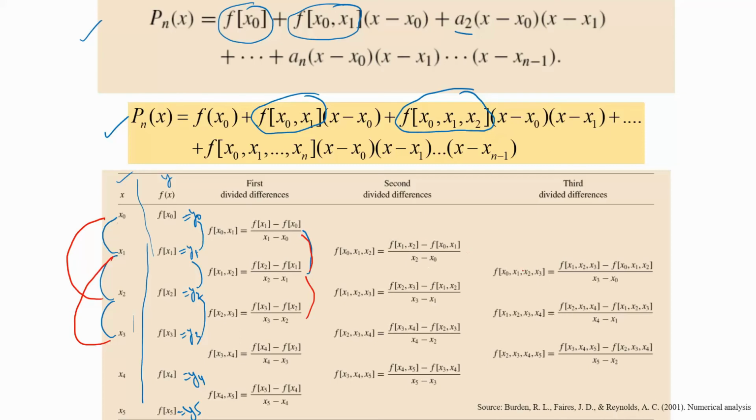After that, the third divided difference can be found by subtracting this minus this and dividing by, now we have to leave 2 points, so it will be x3 minus x0 and so on. This is the simplest way to use the table to find the divided differences rather than memorizing the formulas for it.